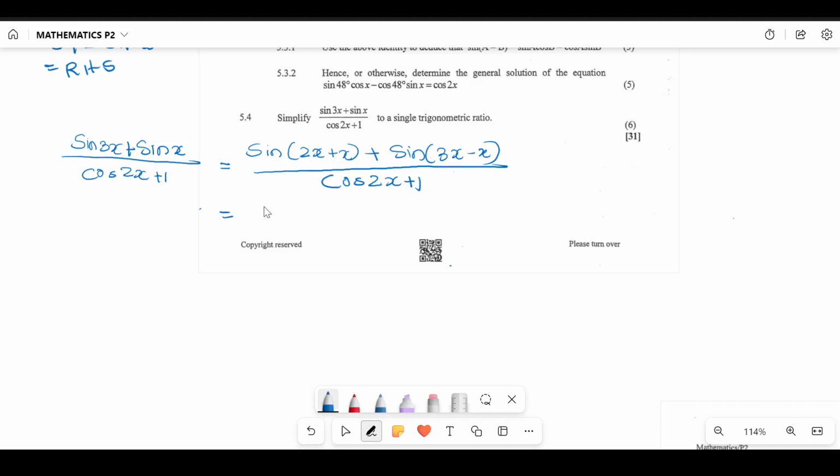This will give you sin 2x cos x plus cos 2x sin x plus, sorry, I made a mistake by putting 3 here, it's 2x.